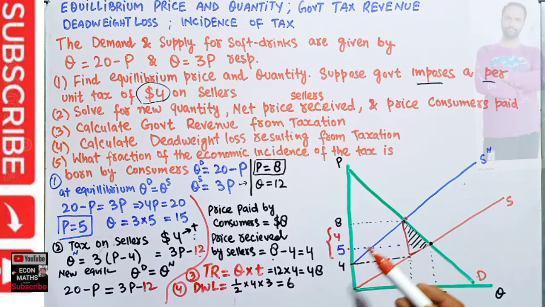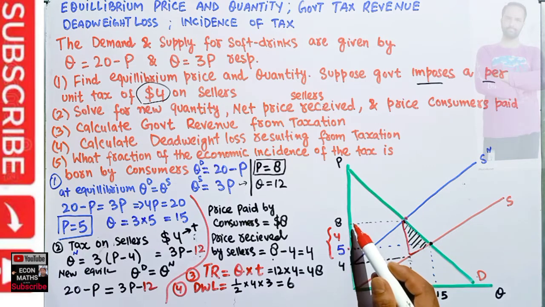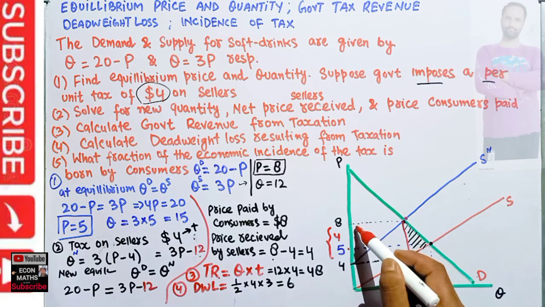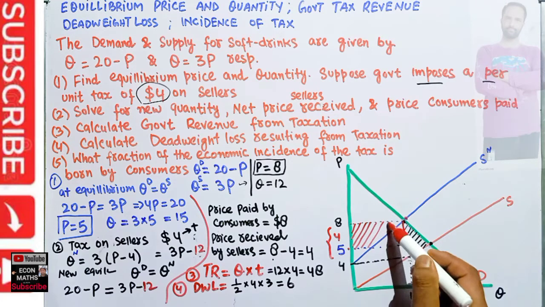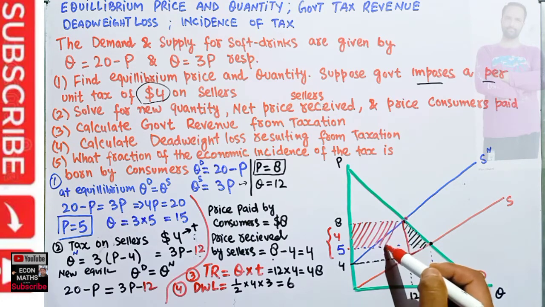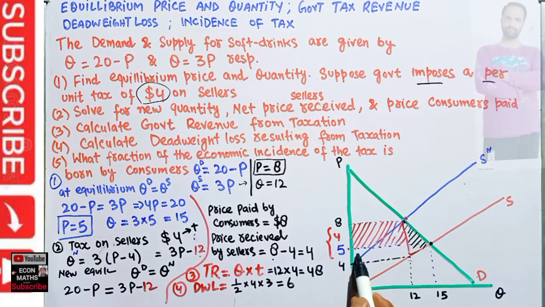Now after the imposition of tax, consumers are paying a price of $8. So this part will be the economic incidence of tax shouldered by the consumers, and this black part will be the economic incidence of tax that is being shouldered by the sellers.